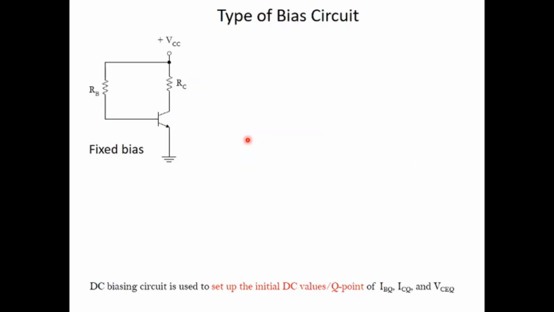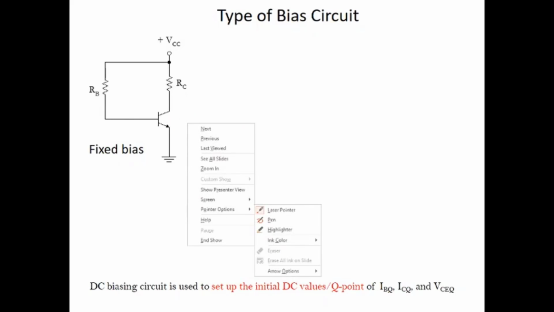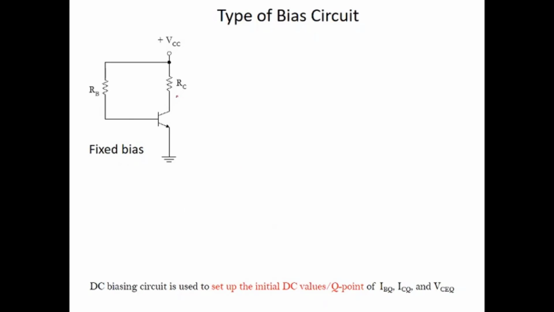So how can we set or position the Q point at a certain operating point? As I mentioned just now, the Q point refers to this ICQ and this VCEQ.